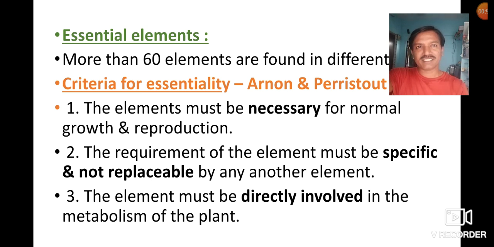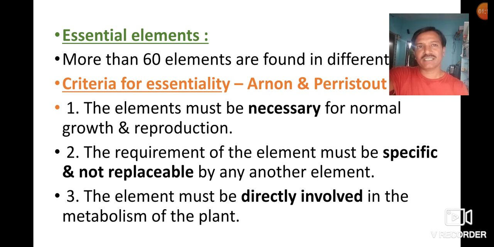To find out which are essential elements and which are non-essential elements, Arnon and Stout gave criteria for essential elements. The elements which follow these criteria are called essential elements. The first criterion is that the element must be necessary for growth and reproduction.